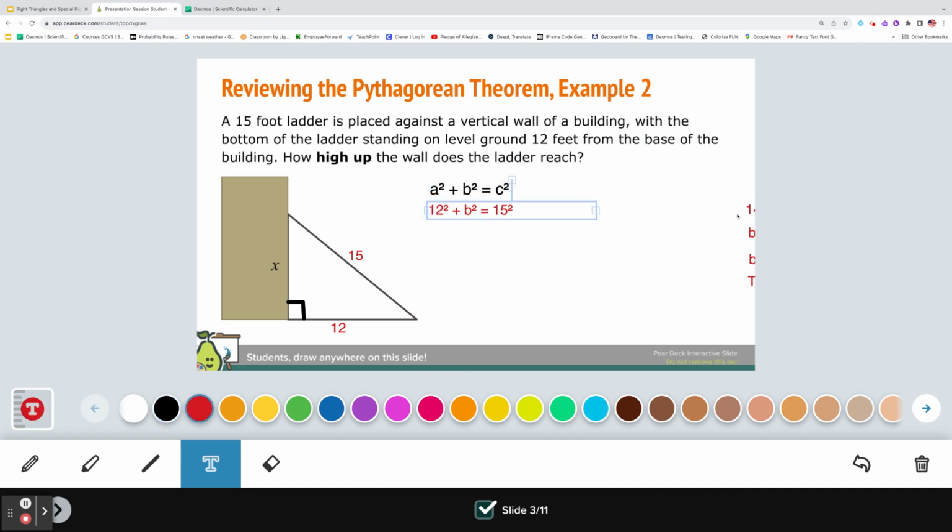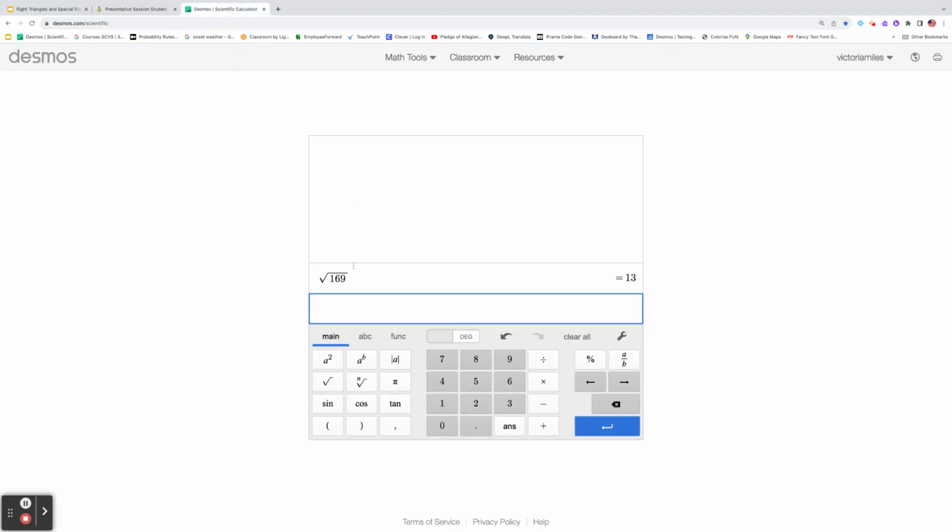Let's square 12 and we get 144. Let's square 15 and we get 225. So we're going to subtract, actually, 225 minus 144 to get B squared. And that is 81.